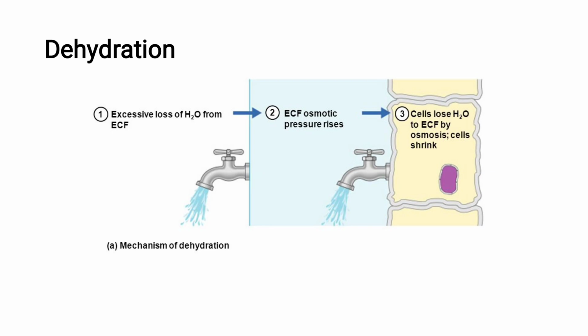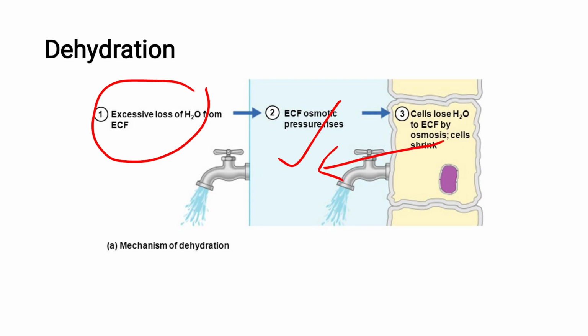This picture shows the mechanism of dehydration. There is excessive loss of water from the ECF first, and because of this, osmotic pressure of the ECF increases, and when the osmotic pressure increases, it draws water from the cell into the ECF. Because of this, the cell shrinks.